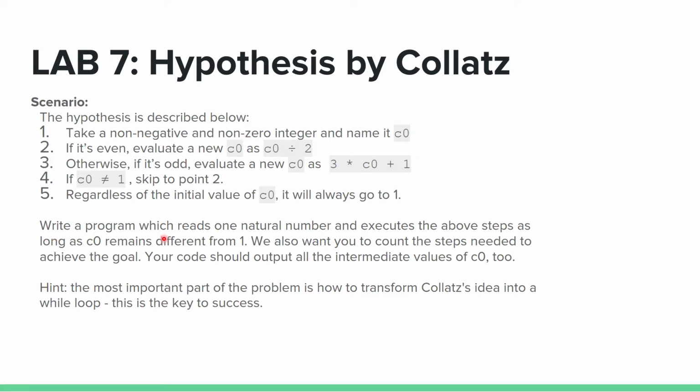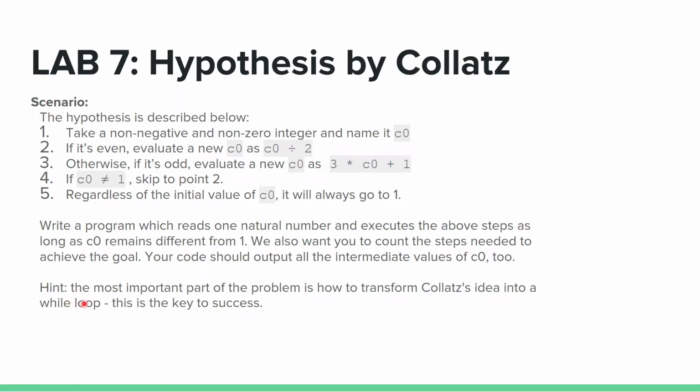So we have to write a program that reads one natural number and executes the above steps as long as CO remains different from 1, just like this one. We also want to count the steps needed to achieve the goal. Your program should output all the intermediate values of CO.